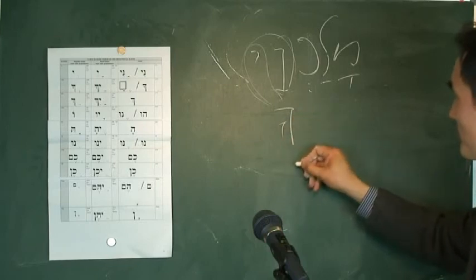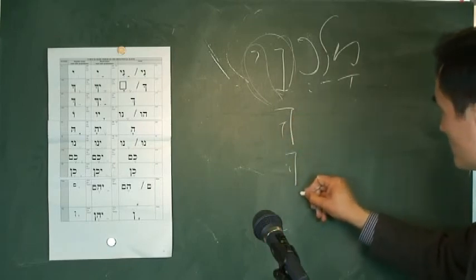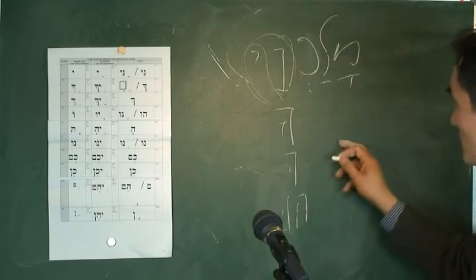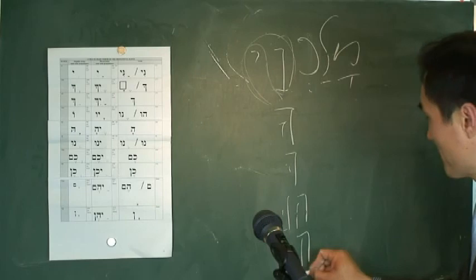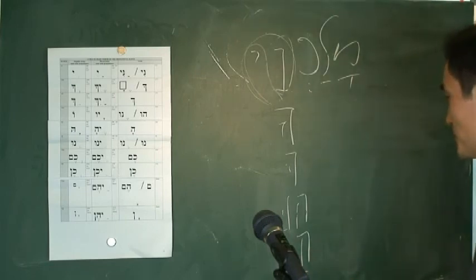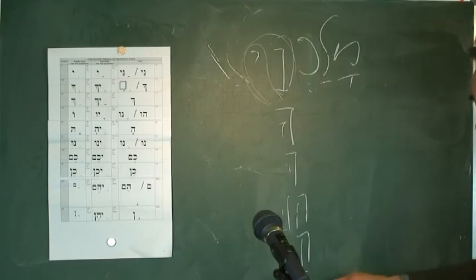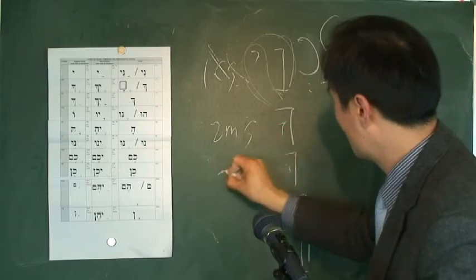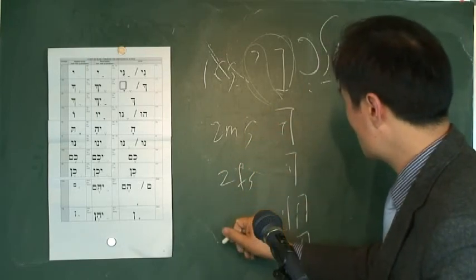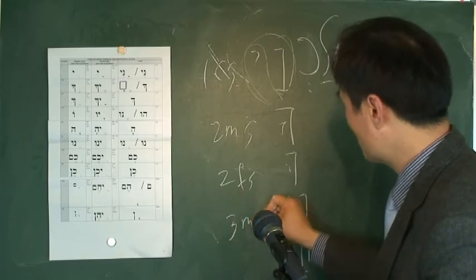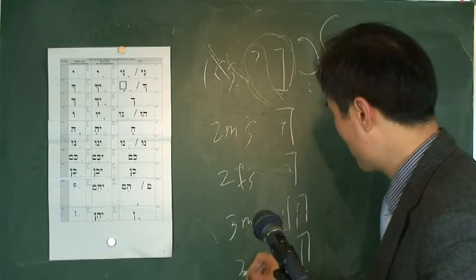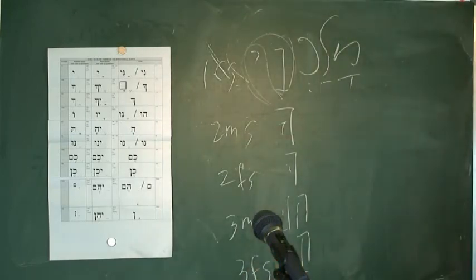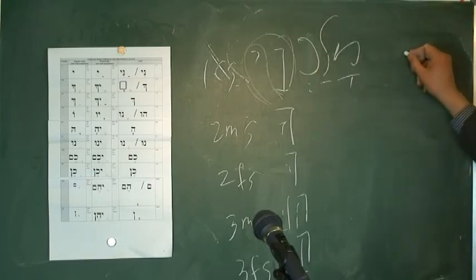Now let's look at the forms of pronominal suffixes according to the person, gender, and number. First, the singular forms: ni, ka, k, hu, ha. They are the first person, the second person, the third person, and the masculine and feminine singular forms.